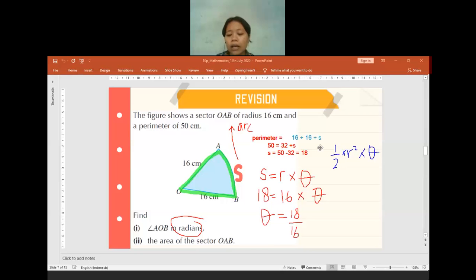How many is the r? So a half times 16 squared, multiplied by theta, which is 18 by 16. How much will it be? You can use your calculator. 144.